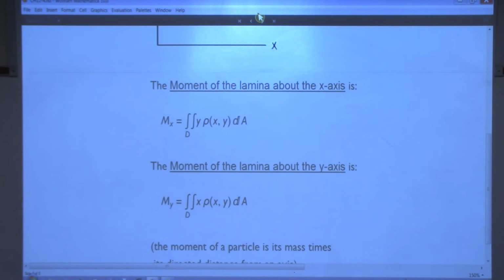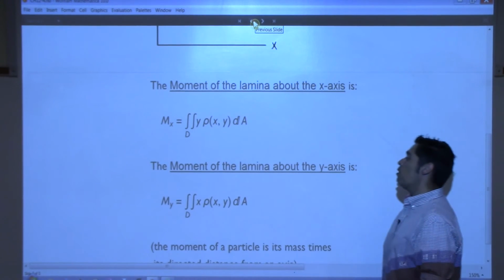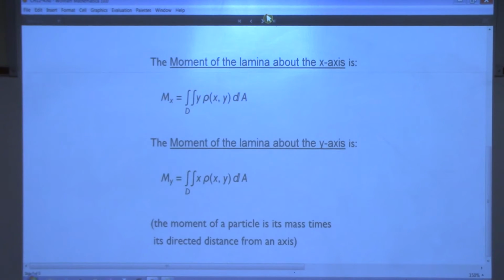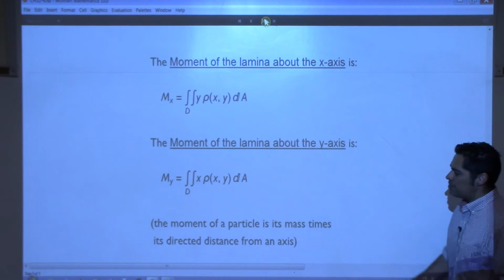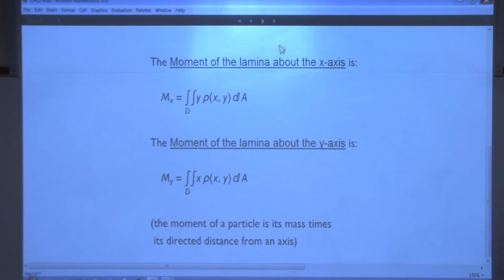If we switch it, and instead of multiplying by y, we multiply by x, we call that the moment of the lamina about the y-axis. So in physics, moments are basically the mass of the particle times the distance to an axis.